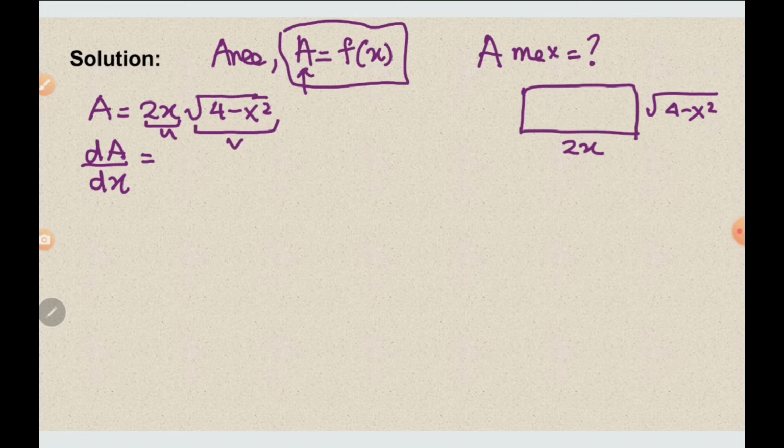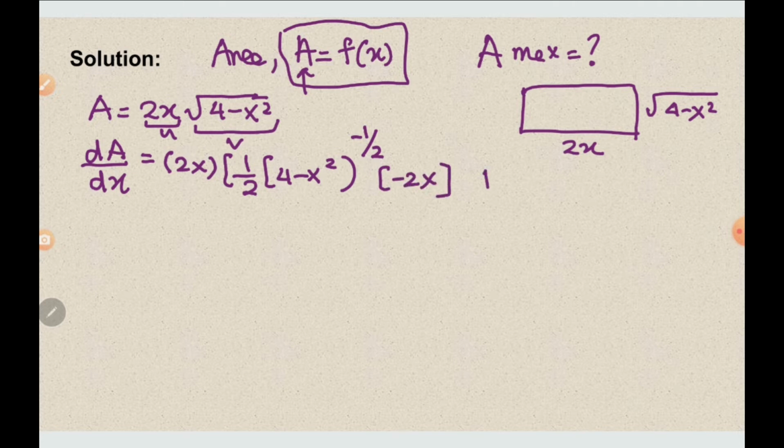So copy u, 2x. What is v prime? v prime is equal to 1 over 2 times (4 minus x squared) to the power of negative 1 over 2. Then you need to differentiate 4 minus x squared. The answer is negative 2x.